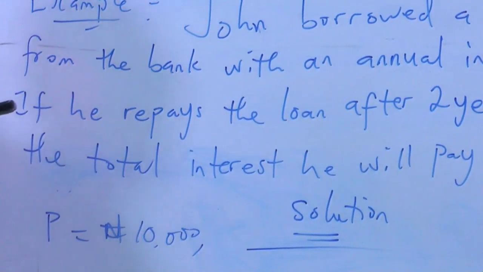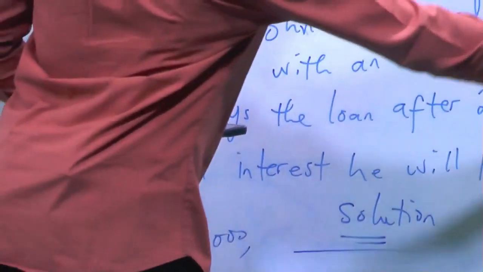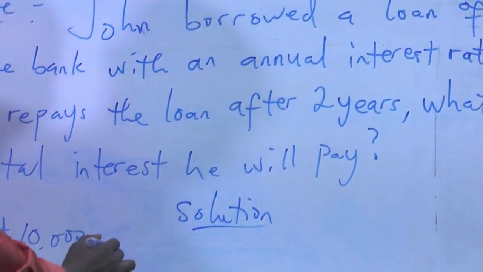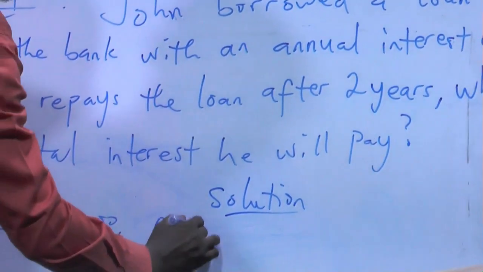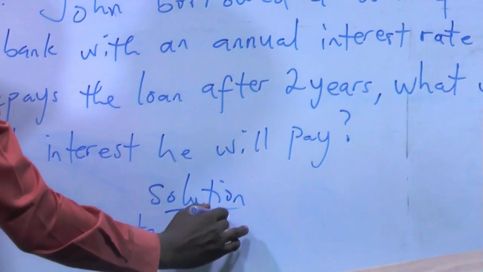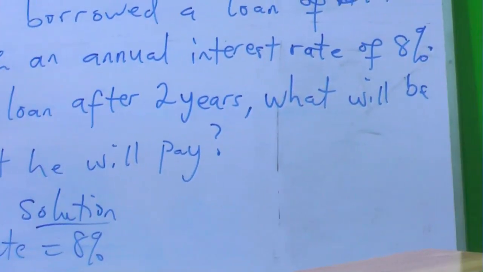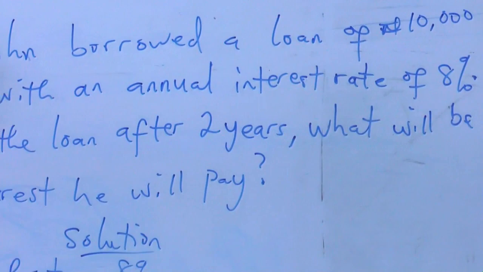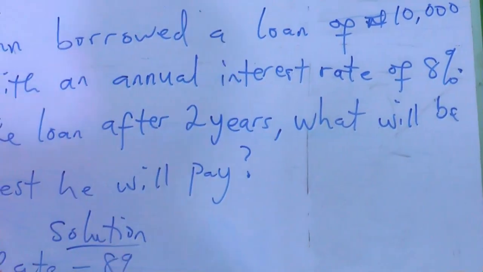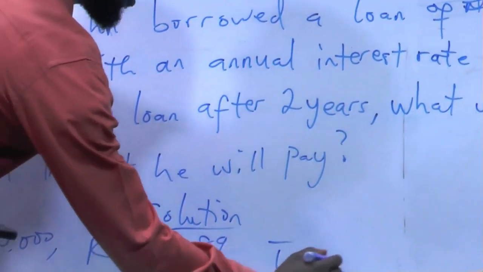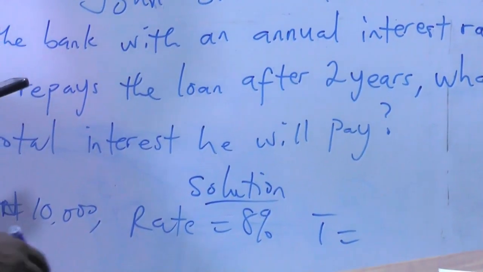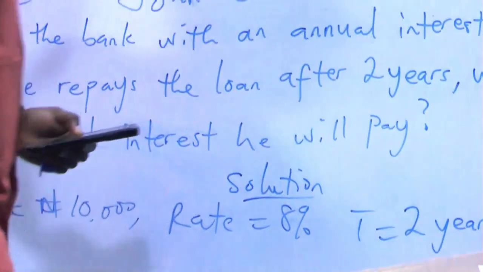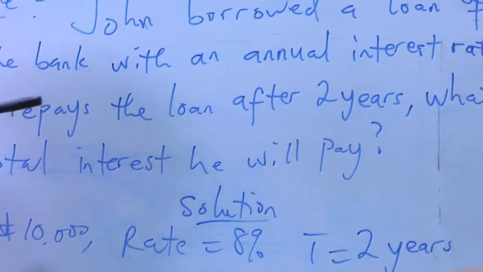Now the next thing is the rate, the annual interest rate, which is the rate charged per annum. The rate is 8%. Now he said if he repays the loan after 2 years, the time taken for him to repay the loan is 2 years. That's the time taken, the duration of the period he used the money.